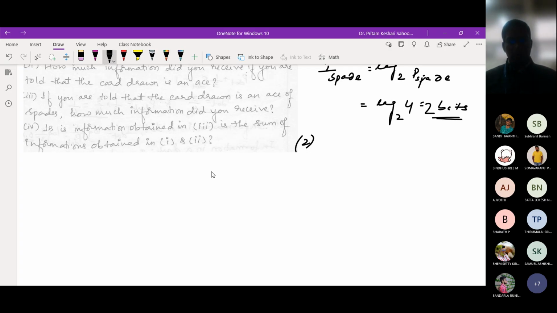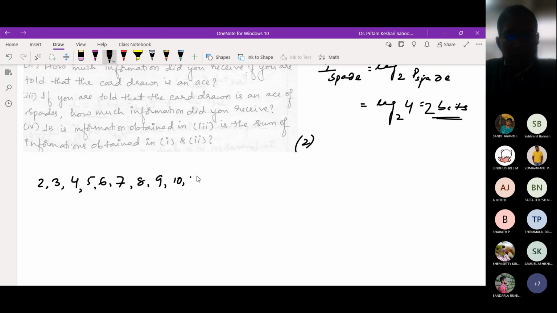The numbers are 2, 3, 4, 5, 6, 7, 8, 9, 10, then J, then Q, then K, and the last one is A, and A is called an ace.